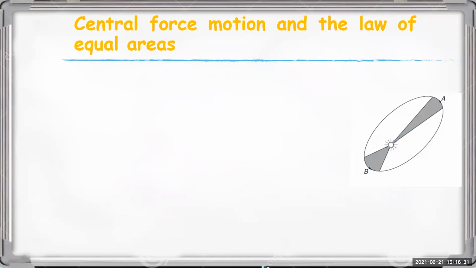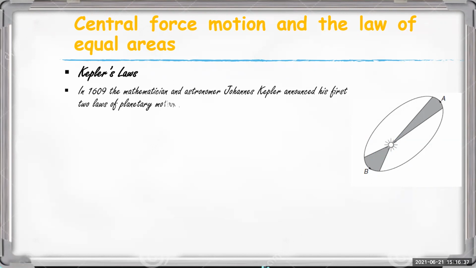We know that in 1609, the mathematician and astronomer Johannes Kepler announced his first two laws of planetary motion.